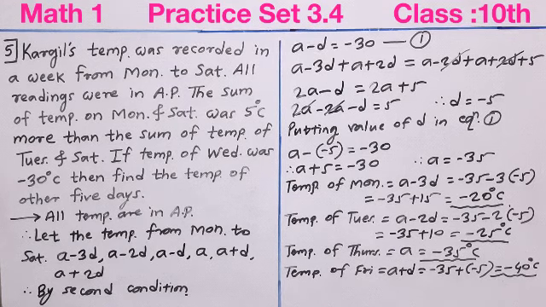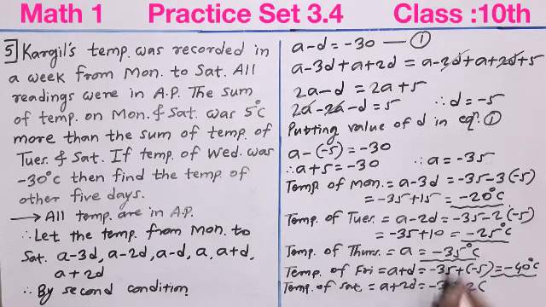And the last one, the temperature on Saturday. Temperature of Saturday. Now it is A plus 2D. The value of A is negative 35 plus 2 in bracket, the value of D is negative 5.